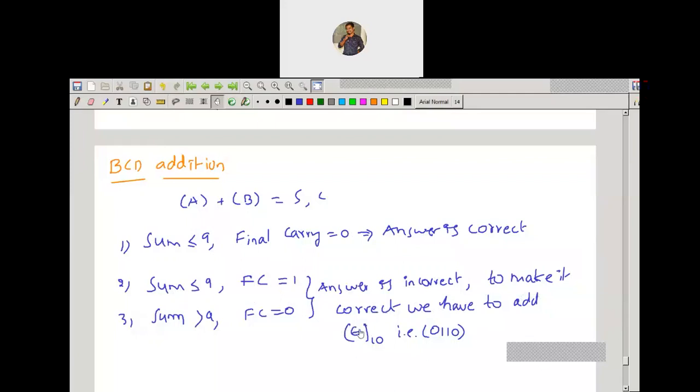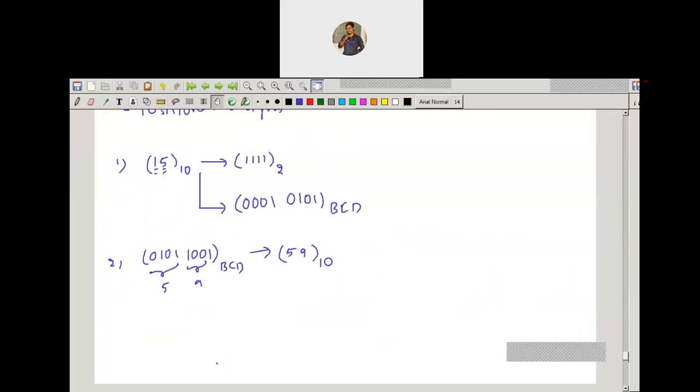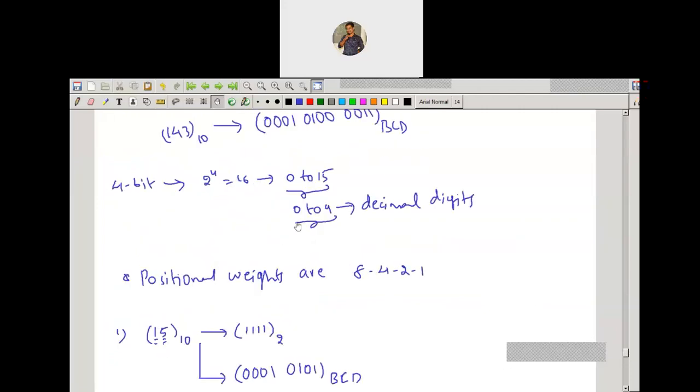Because in BCD we use the 4-bit binary number system for representation of the decimal digits. But by using the 4 bits, how many possibilities can we have? I already told you that. You can observe here, by using 4 bits we can have 16 possibilities, right?